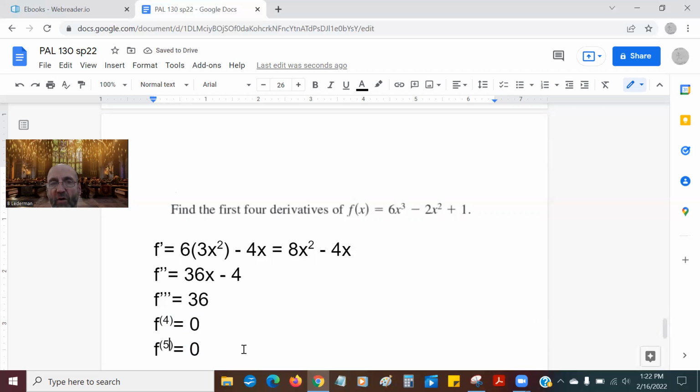And I can keep on going forever, and they're all going to be 0 at this point. Because I'm taking a derivative of a derivative of a derivative, we call it a higher order derivative. When I say higher order derivative, it sounds super complicated. But if I just say the derivative of a derivative, that's not so bad. That's all it is.